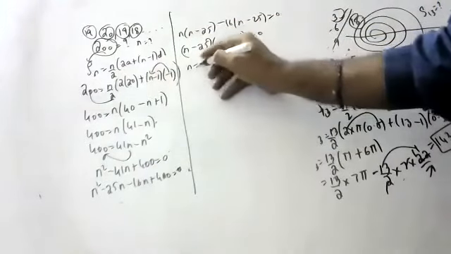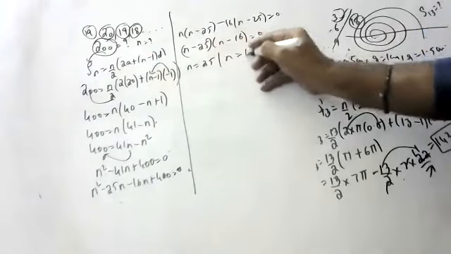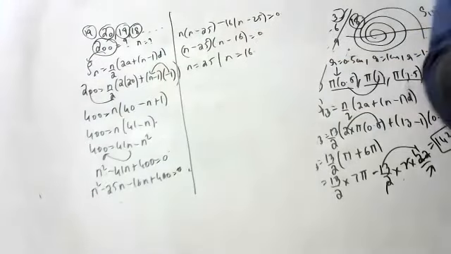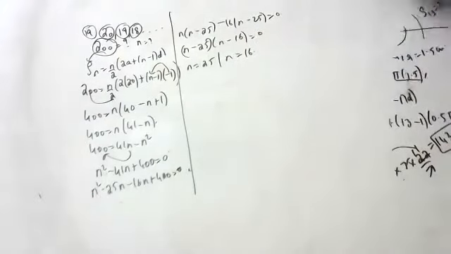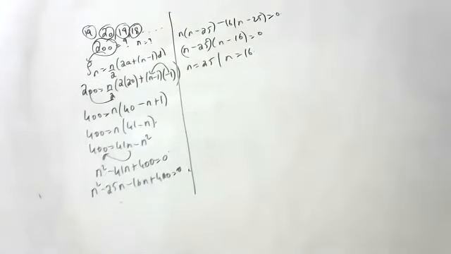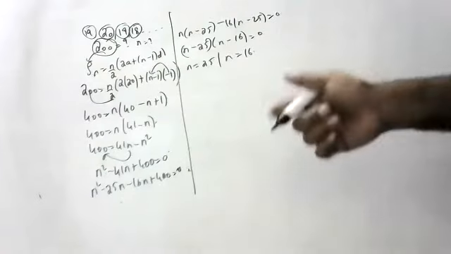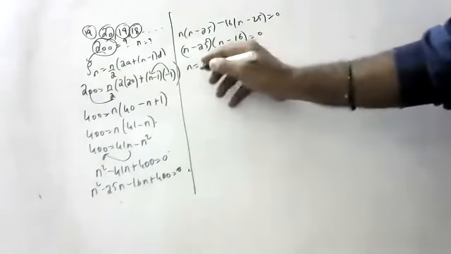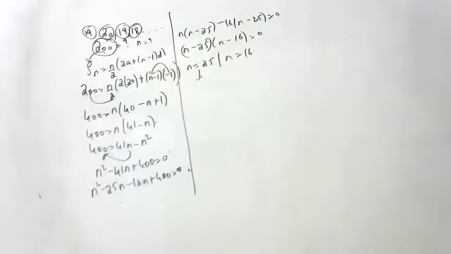Okay. So which is correct? 25 is correct, 16 is correct. Sir, both are correct. No, both cannot be correct. You have to check. We have to verify. Any one is correct.